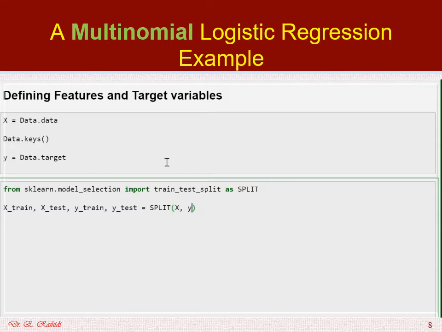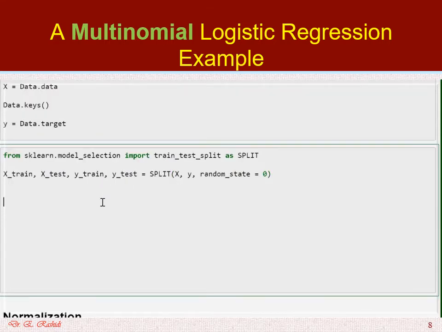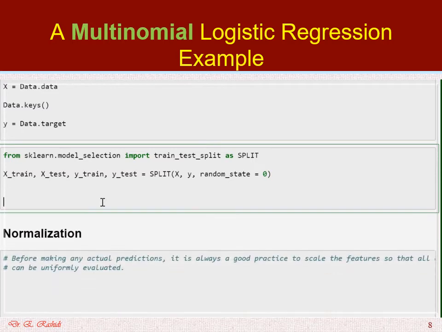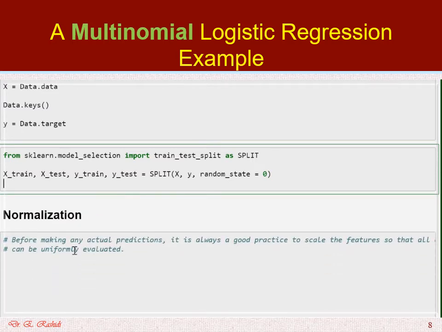By default, it's going to have 75% for training and 25% for test. We're going to leave it as it is, and then we're going to add the random state so every one of us would get the same output. Random state 0 here, for example. All right. So now our data is split.